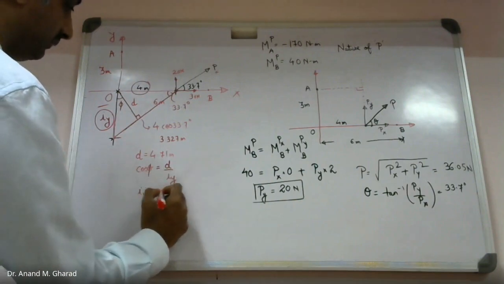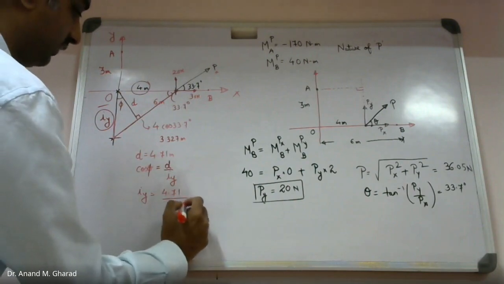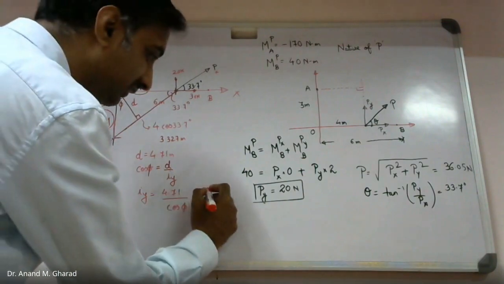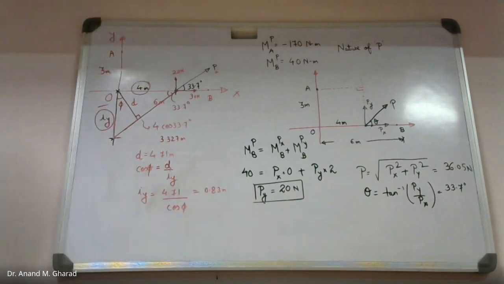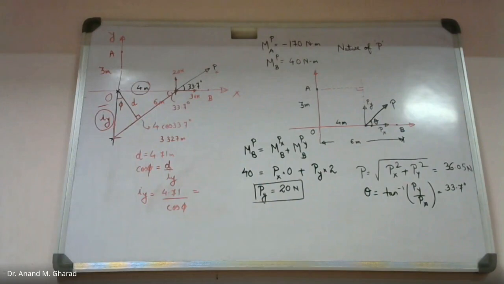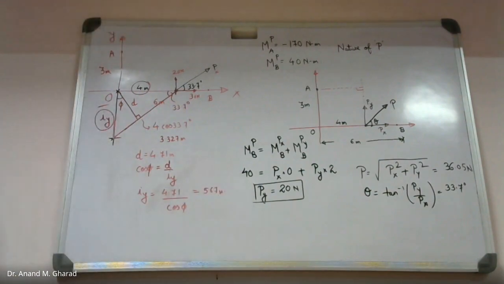Iy, d you have found out to be this one divided by cos phi. How much does this come out to be? 0.83. अच्छा cos phi की. अच्छा. So how much does that come out to be? 5 point something आएगा. हाँ 5.67. Okay.